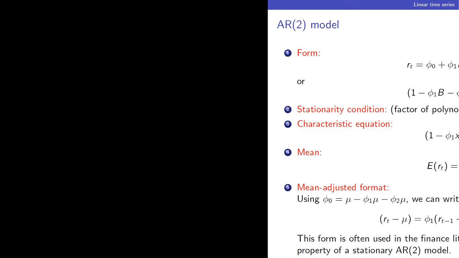So if we adjust it, we call this mu, and we say this. We can write the AR2 model in this way. This is a bit more compact, and if it wasn't the case in AR1 models, because of their simplicity, in AR2 models this notation is pretty handy because it highlights the mean reversion.